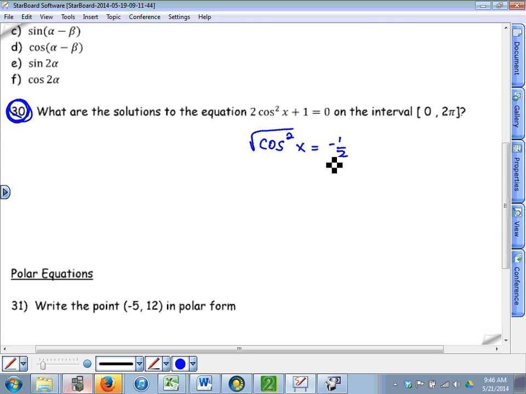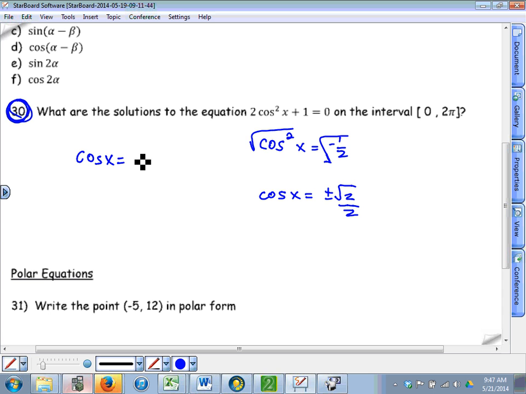Now we have to square root. So we have cosine of x is equal to plus or minus square root 2 over 2. So there's really two equations solving here.